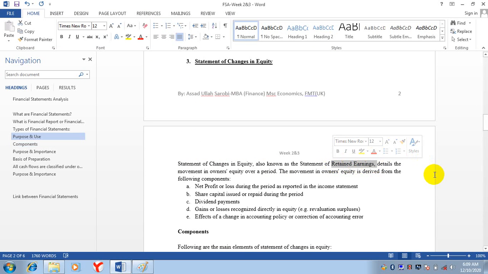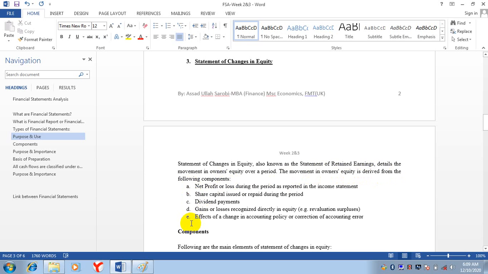It details the movement in owner's equity over a period, increase or decrease. The movement in owner's equity is derived from the following components.